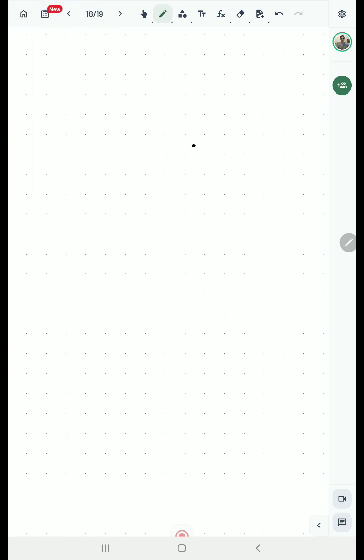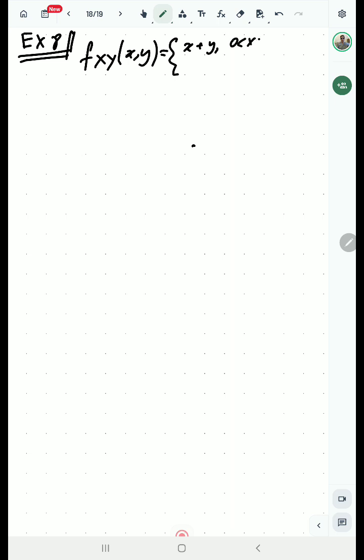Example 8 is telling you that you have joint density which equals x plus y on the condition that both of these are within 0, 1, and 0 else.